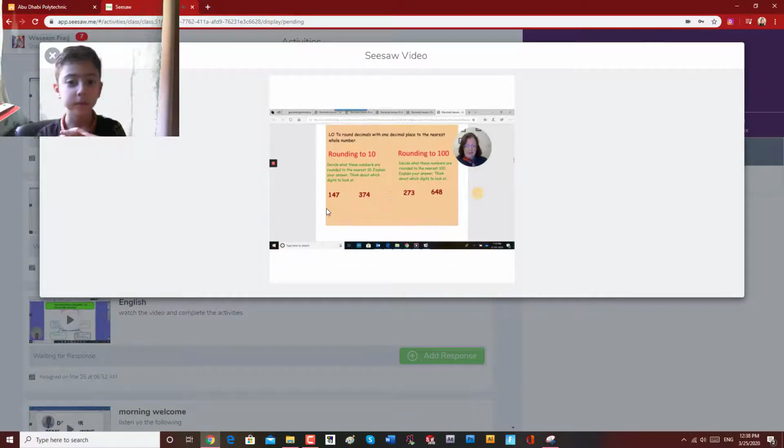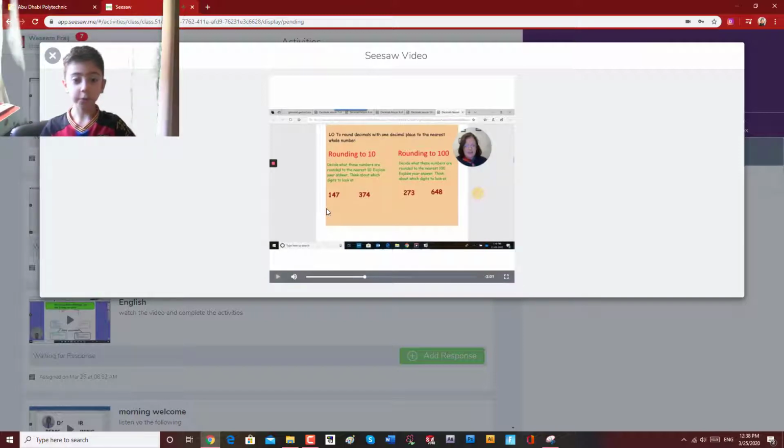So just to recap, when you're rounding to 10, your ones, if it's 4, 3, 2, 1, 0, then it would go to its own number. But if it's 5, 6, 7, 8, 9, then it would go up. Why?